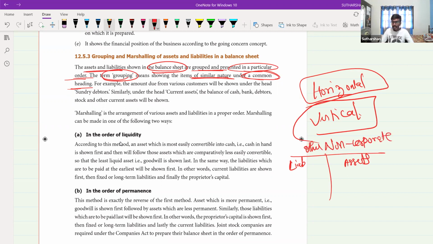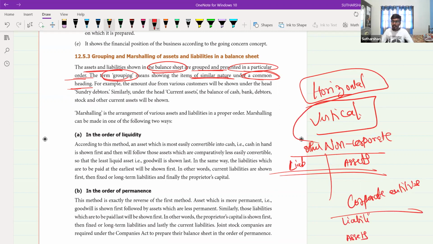Companies will follow the vertical format. Vertical means at the top it will be liabilities, and at the bottom it will be your assets. It will be based on Schedule 3.